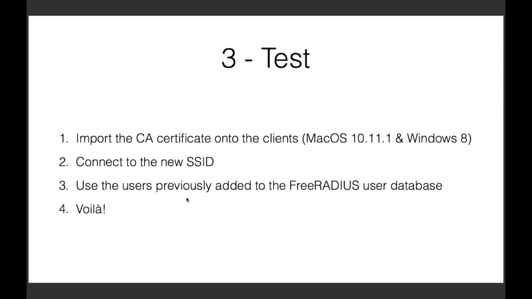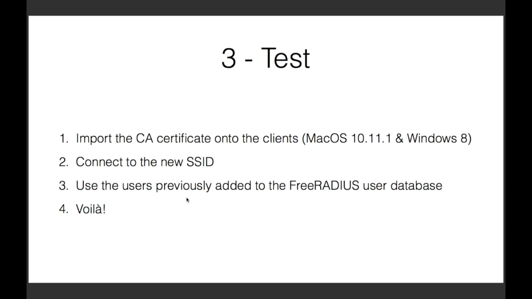So for each client, we're going to import the CA certificate, so the client can recognize the FreeRADIUS server. We're going to connect to the new SSID, and we're going to use the users that we have previously defined in our FreeRADIUS user database. So if you recall, we defined two different users, one called Cisco user and the other one called Aruba user.